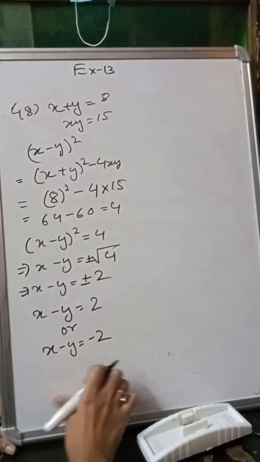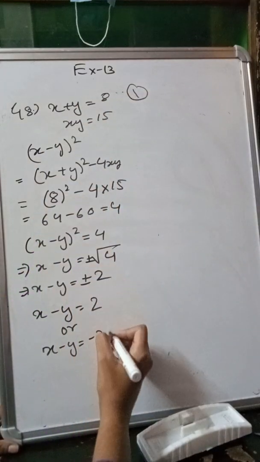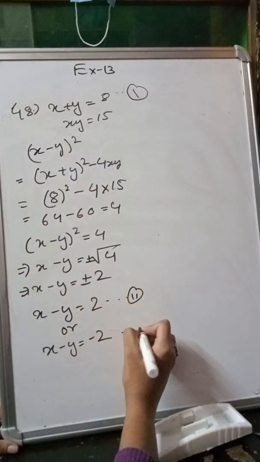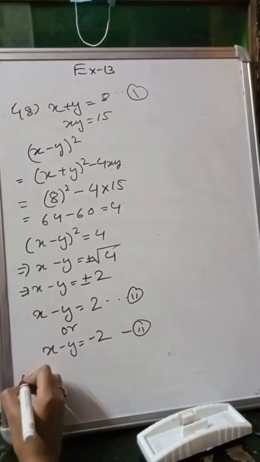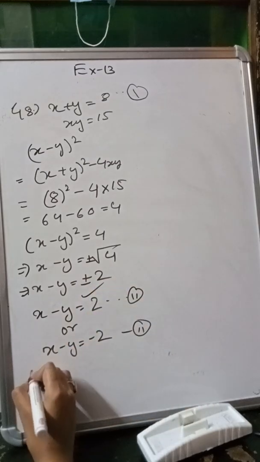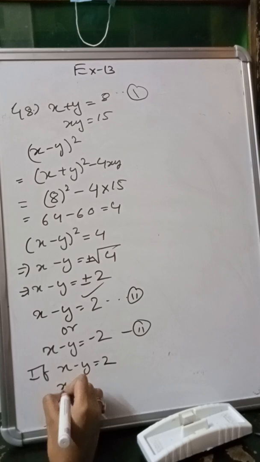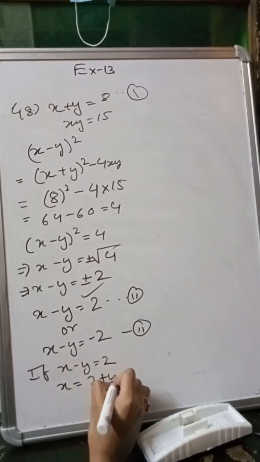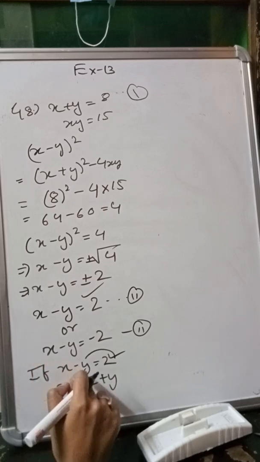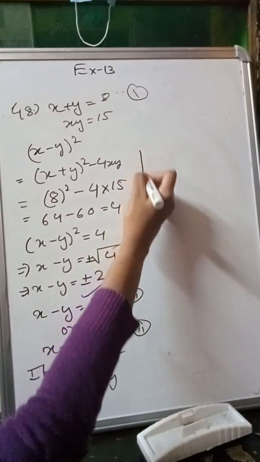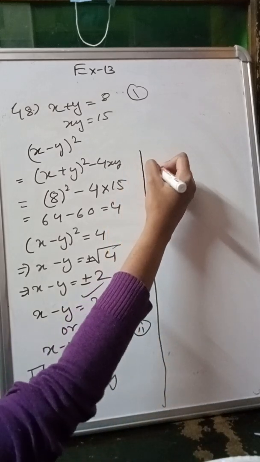Now let us call this equation 1 and this equation 2. Considering this equation, if x minus y equals 2, then x is 2 plus y. I'm just taking this y here.